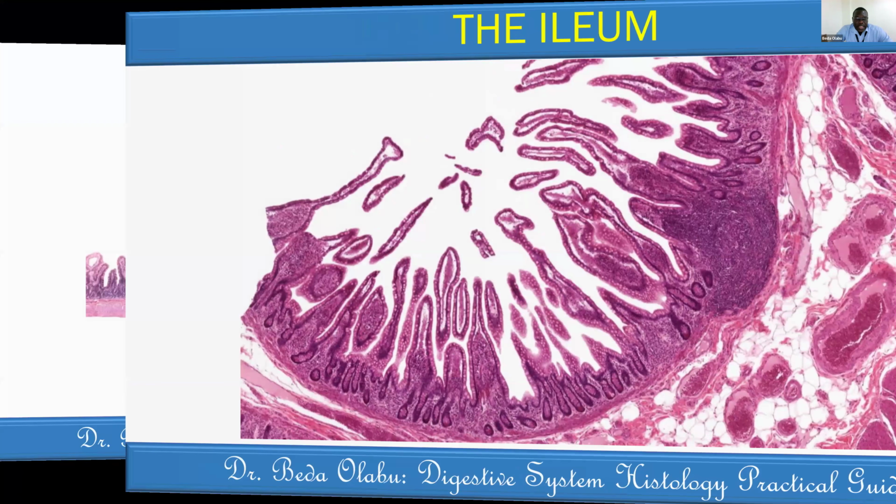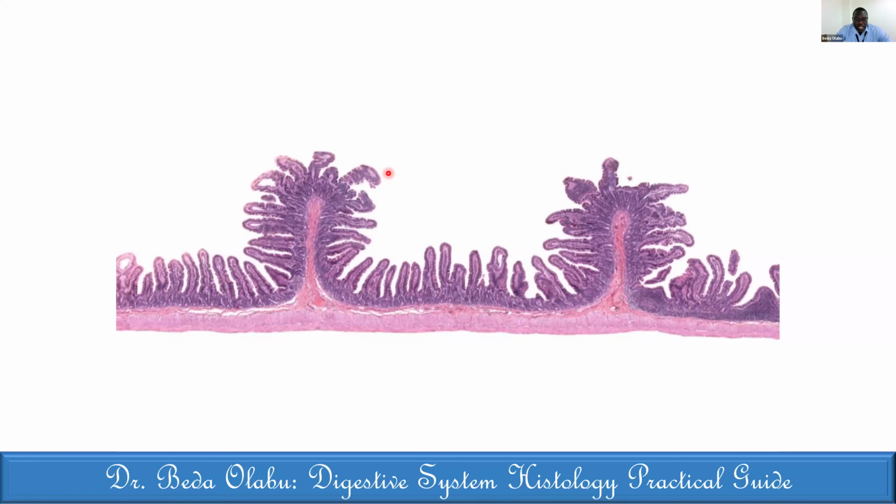This is still small intestine, and particularly still ileum, a longitudinal section. The aim is to see the gap between one plica circularis and the next one. There's a big gap. We can see villi, yes. We can see plica circularis, yes. This is the muscular layer.